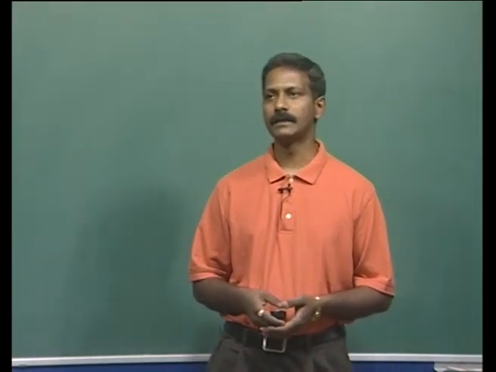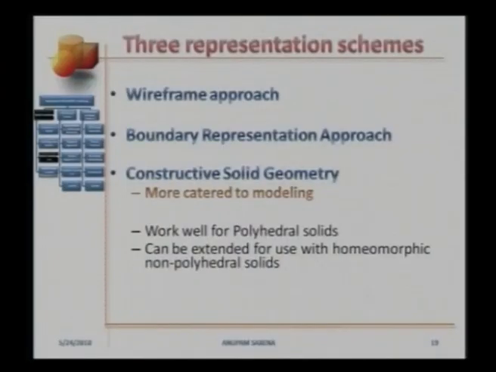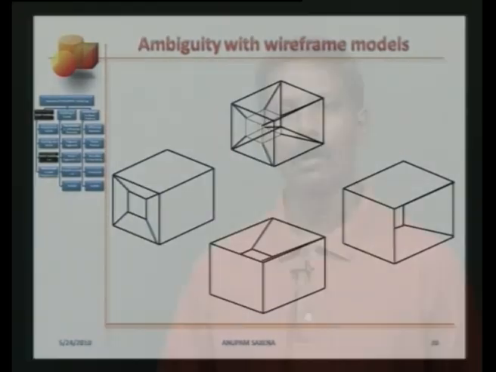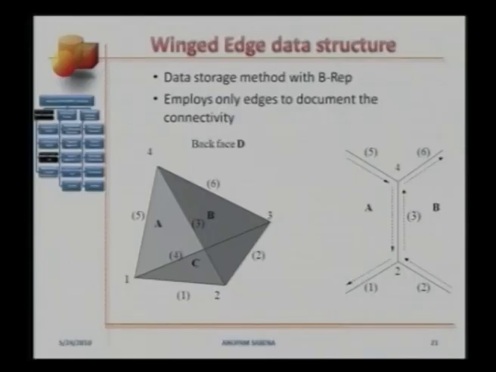Accordingly, we considered three representation schemes and modeling schemes: the wireframe approach, the boundary representation scheme, and constructive solid geometry. The wireframe models had problems. Since they did not store the face information or the face topology information, the corresponding models were ambiguous. We had seen this example.